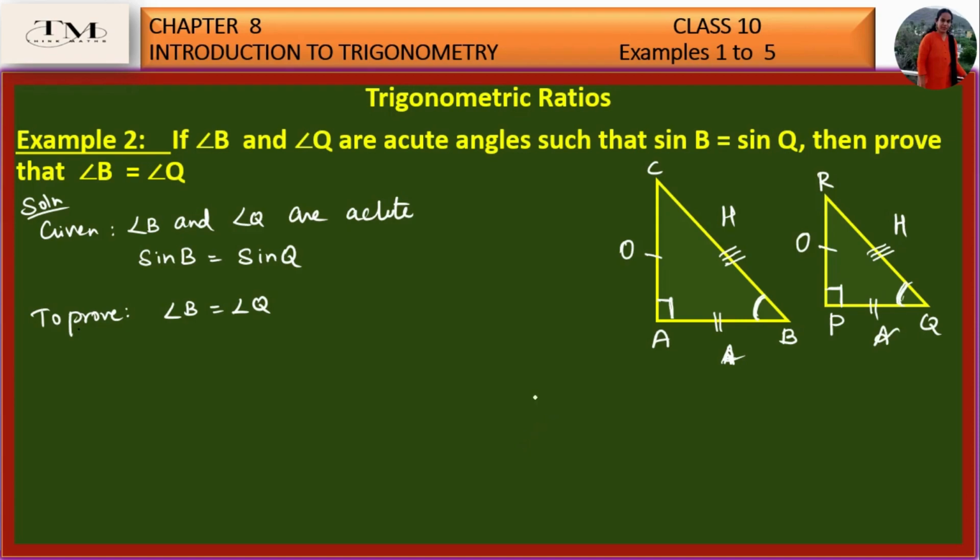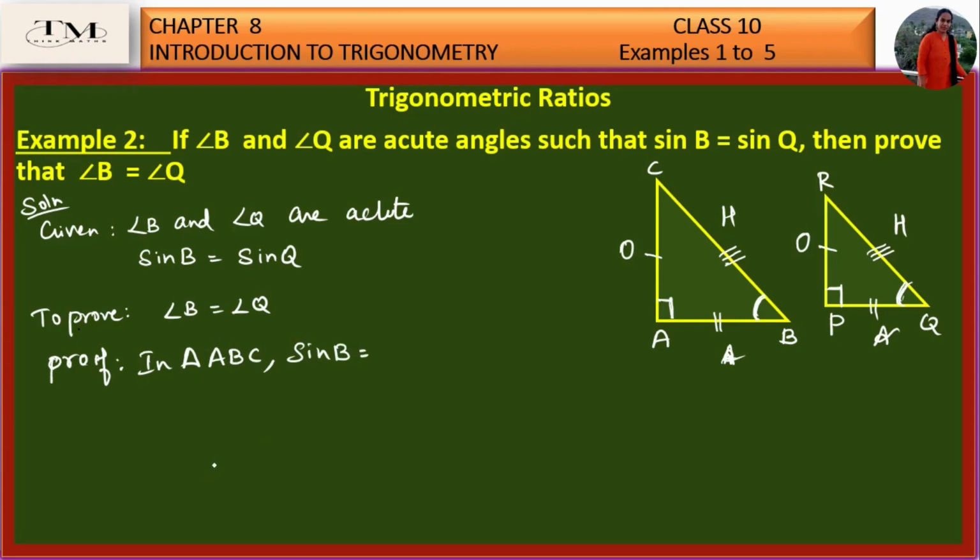So what are the ratios we know? So sin B. Let us start the proof. It is given that sin B is equal to sin Q. So in triangle ABC, we have to find out the value of sin B.